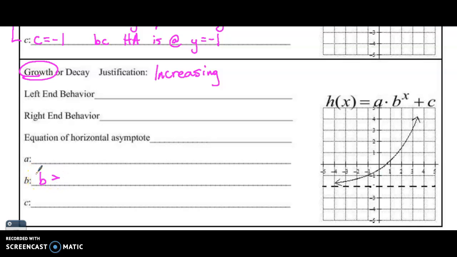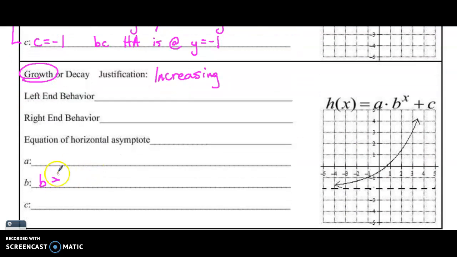Did I say base is greater than 1? Yep. The base is greater than 1 because as we're looking at this, there's no y-axis reflection. It's above the x-axis, so there's no x-axis reflection. So your reason for that is that you have growth with no reflections. And while I'm at it, I might as well say that the a value must be positive because we're above the x-axis.